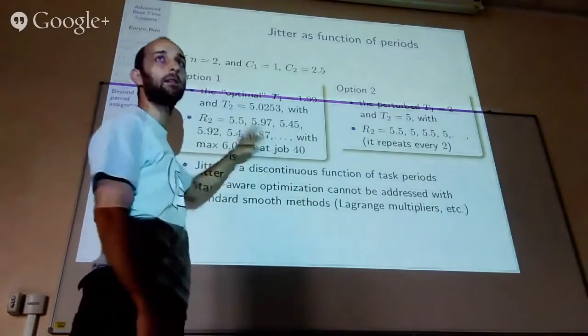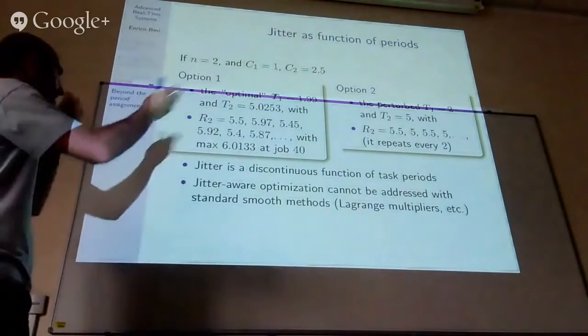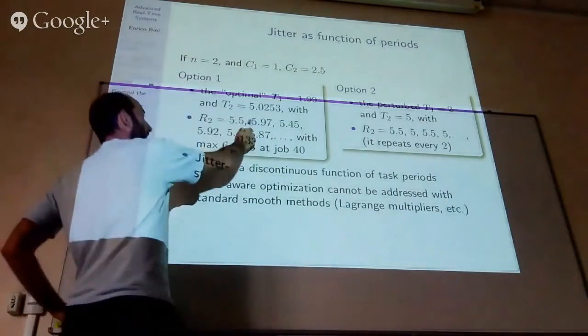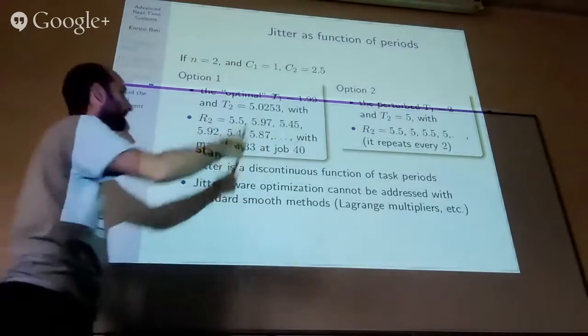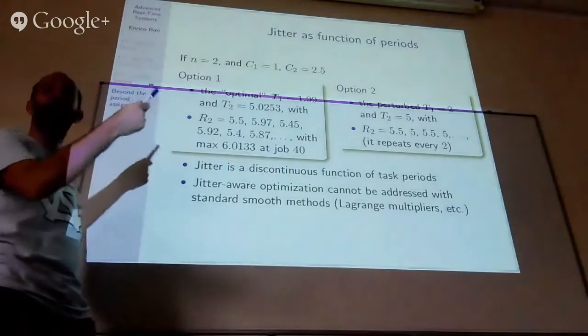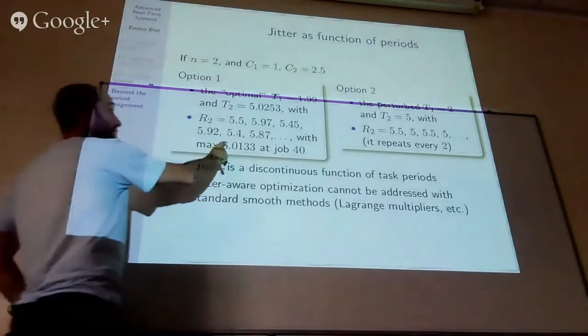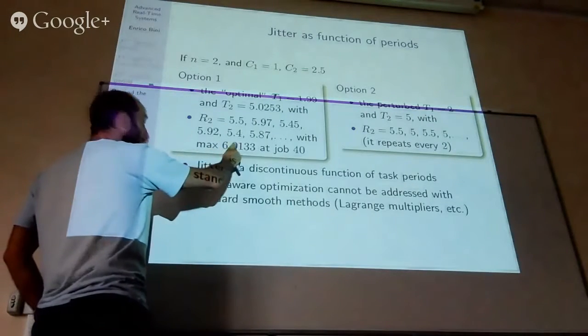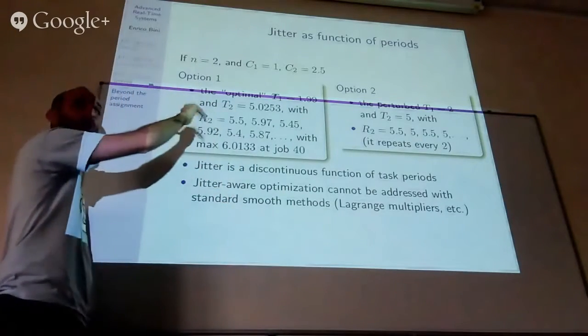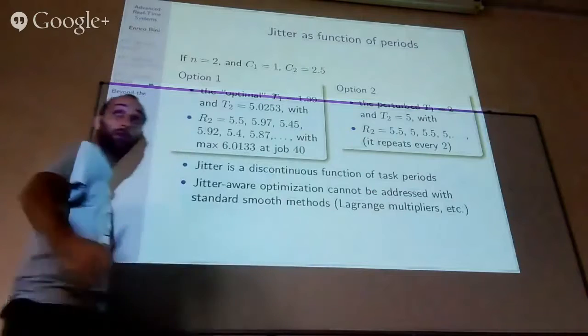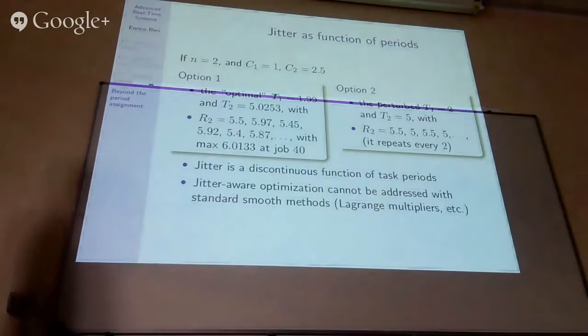This is a very strange, very noisy pattern: 5.5, 5.35, 5.45, 92. So it's really a crazy pattern with a maximum response time of 6.0, which occurs at job 40. So the response time of the second task is very long.